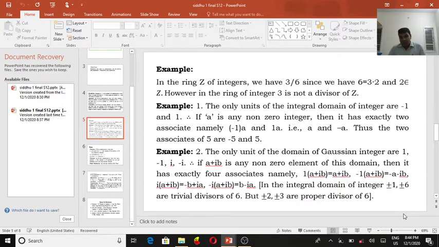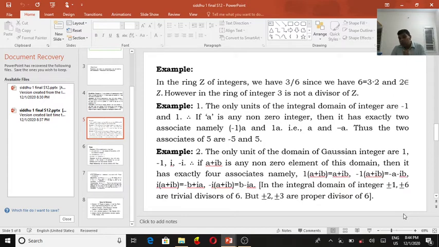Therefore, if A is any non-zero integer, then it has exactly 2 associates, namely minus 1 of A and 1 into A, that is A and minus A. Thus, the 2 associates of 5 are minus 5 and 5. This is an example of principal ideal.